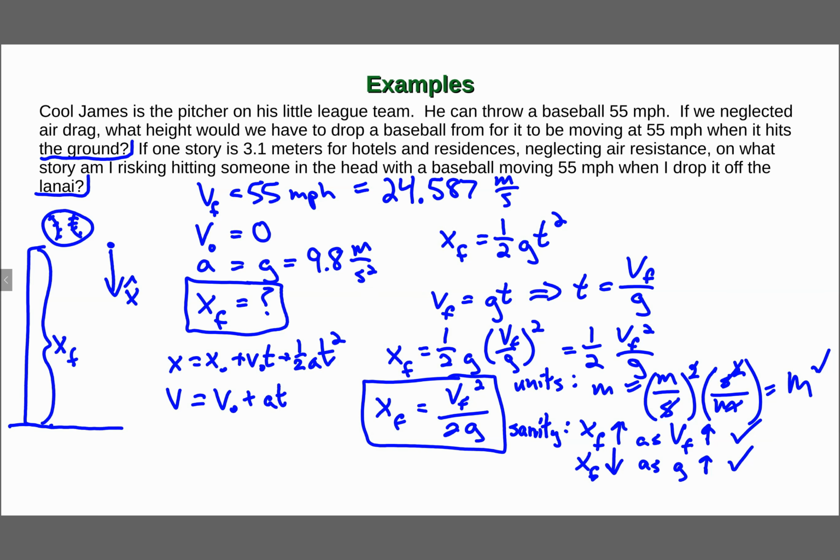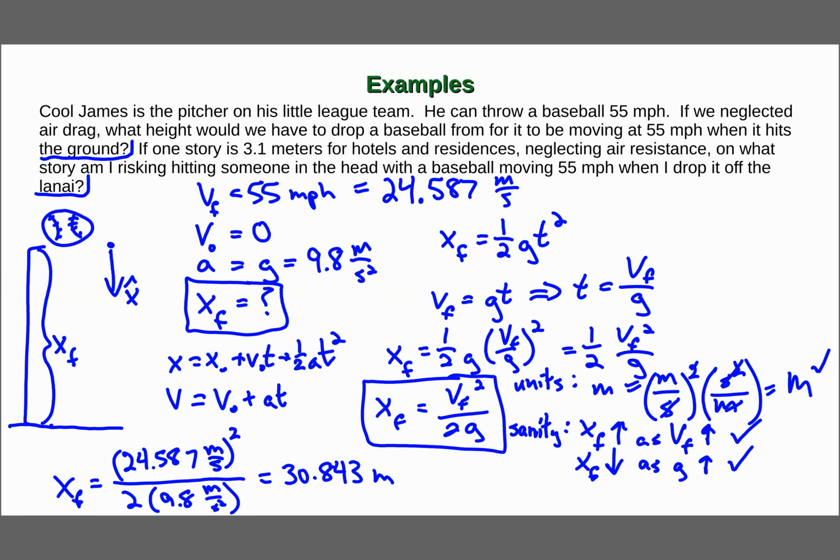So then if I plug in these numbers, I have X F equals V F, which is 24.587 meters per second, squared, over 2 times g, 9.8 meters per second squared, equals 30.843 meters.